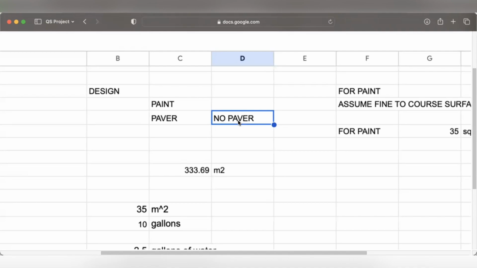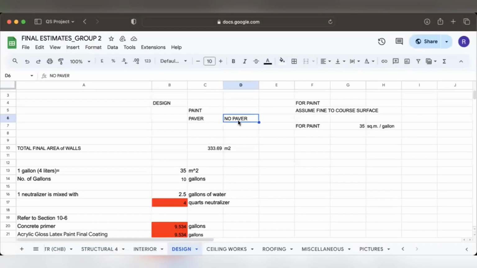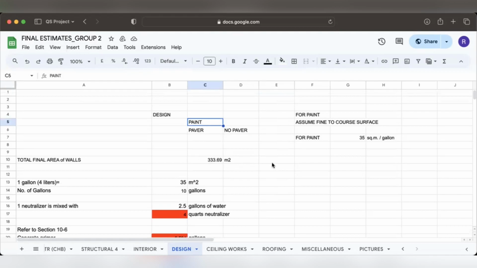Since pavers are commonly used for outdoor landscaping to create more durable, appealing surfaces, this owner might opt for an alternative material such as concrete, gravel, or natural stone based on factors like maintenance, climate considerations, and design preferences. So we will only be solving for the paint.